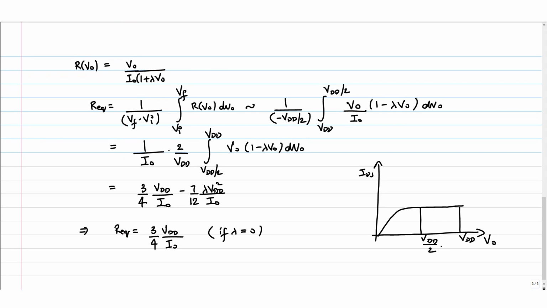And of course now I don't even have to worry about VD sat because this will always be in this region. No, you still have to worry about it. You have to make sure that VT is above some number, below some number, for it to be in the saturation region all through. Okay, so assume VDD is high enough, there is no problem. So this is now like a constant current source discharging the capacitor.